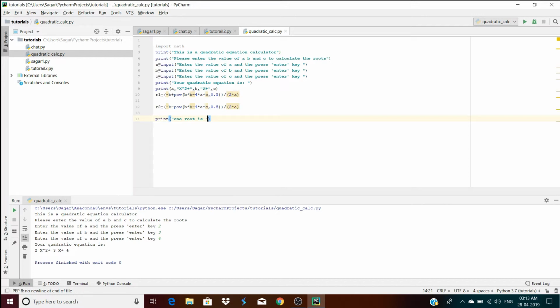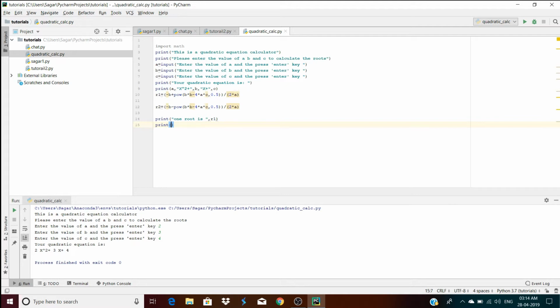So 1 root is, and then r1, isn't it? And the next root is print, other root is, what is the other root? We would be calculating that, and comma r2, isn't it? Up till this much would be clear for you, and now let's run this code and see what happens.